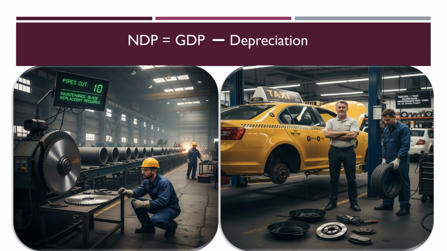Therefore a company has to spend some money replacing its previous machinery. That cost to replace the previous machinery will have to be subtracted from the total output given by the company. So that will be net domestic product. So NDP is equal to GDP minus depreciation.